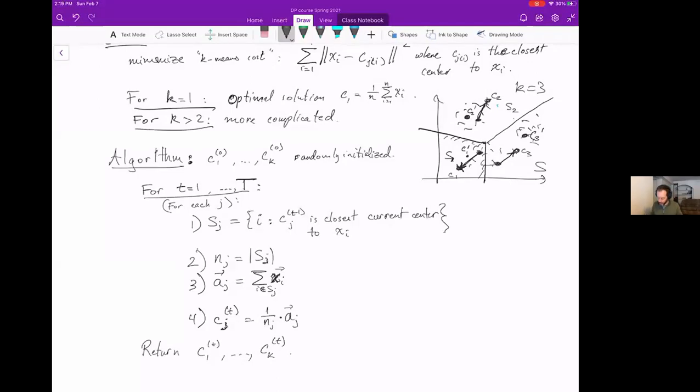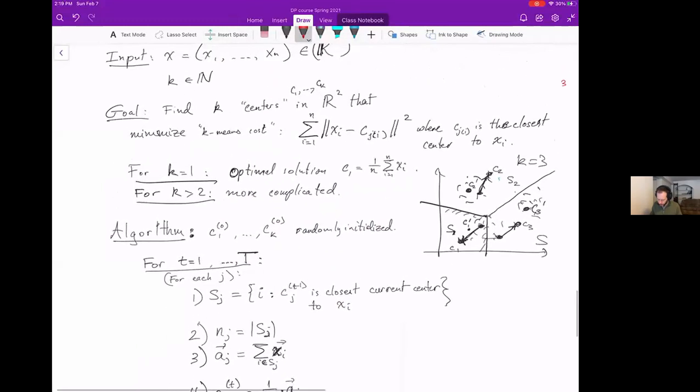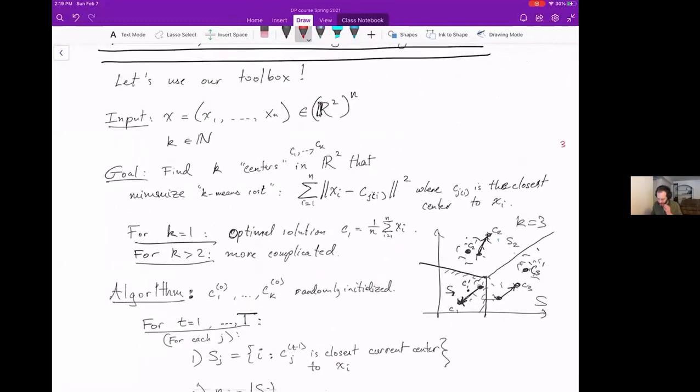Let's come up with a differentially private version of this algorithm. We're going to need a few changes. First of all, we're going to make an assumption on our input: that the x's are bounded vectors, and we'll see why that's important. You can enforce this property just by normalizing vectors.